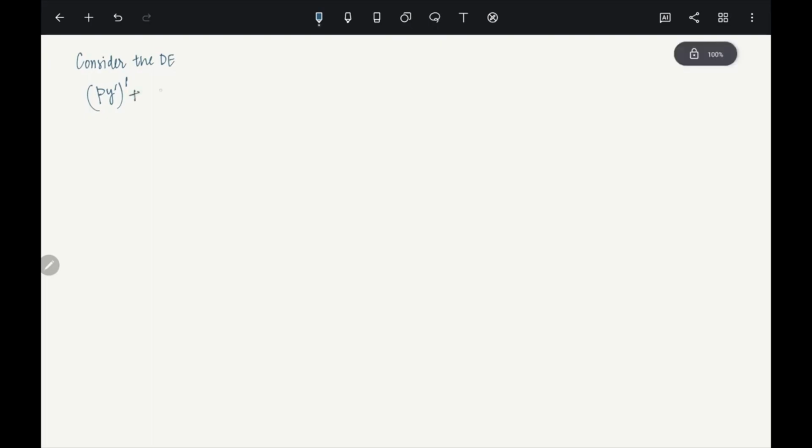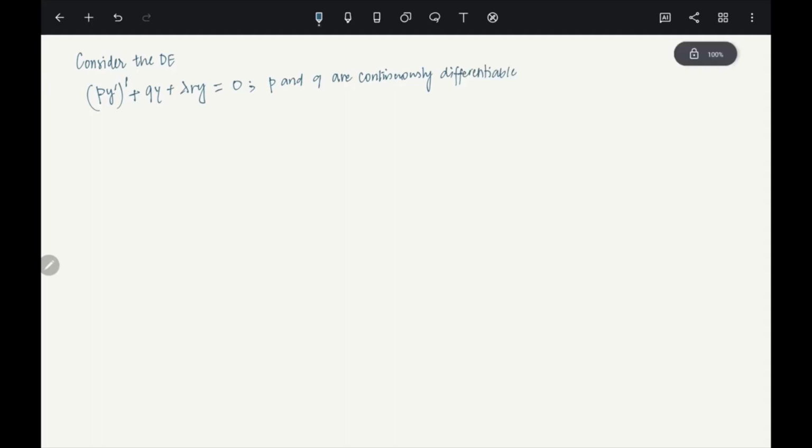That is the equation given to us. And of course, p and q are continuously differentiable. This is given to us.